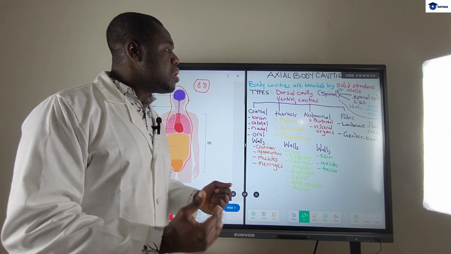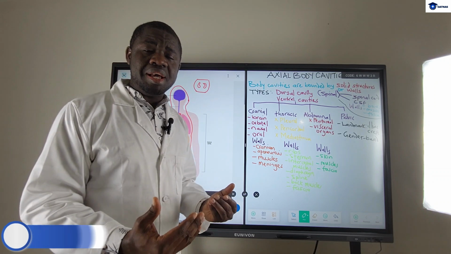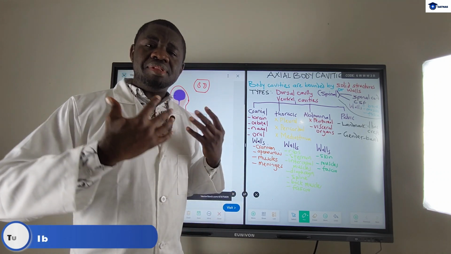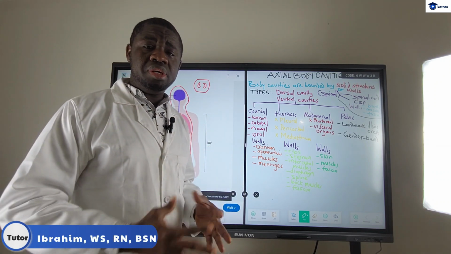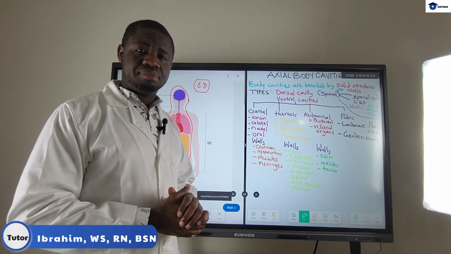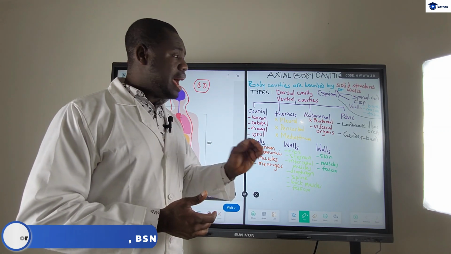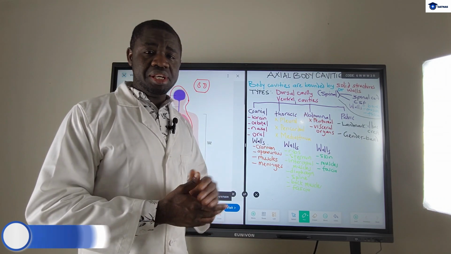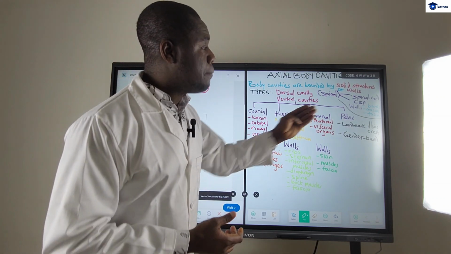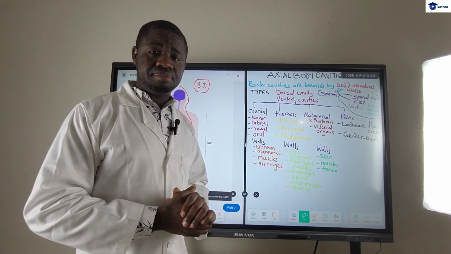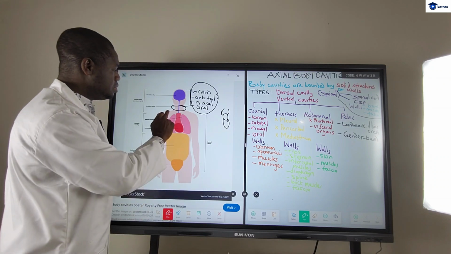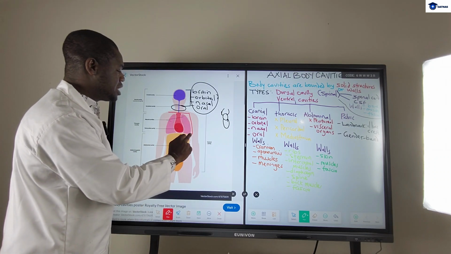Now, let's discuss the cavities that we can find in the front part of the body. We have the thoracic cavity, the abdominal cavity, and the pelvic cavity.